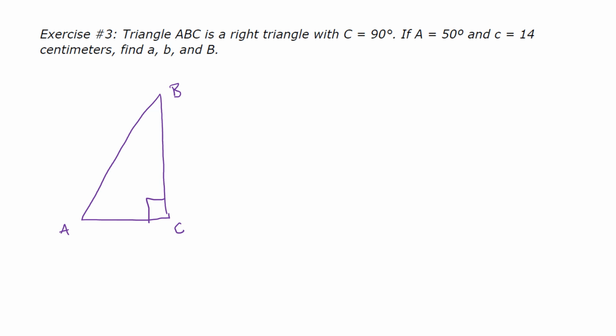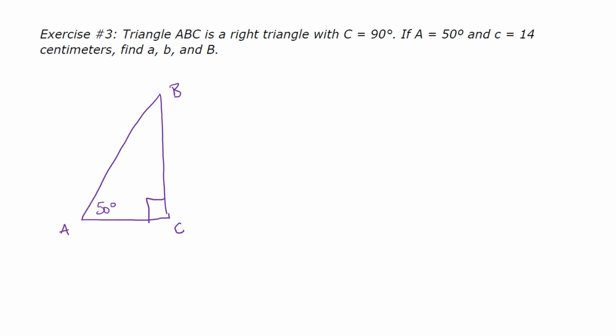I also know that angle A is 50 degrees, and I know lowercase c is 14. Now the lowercase letters represent the sides of our triangle, and the uppercase letters represent the angles.